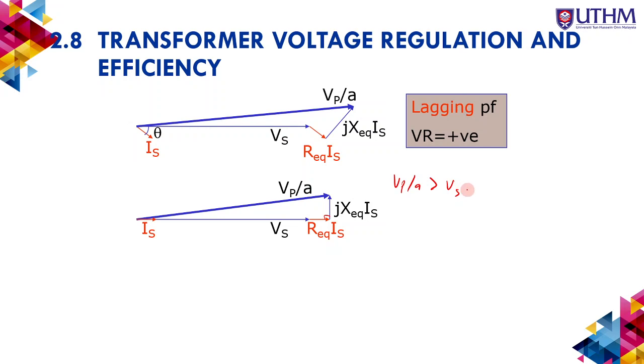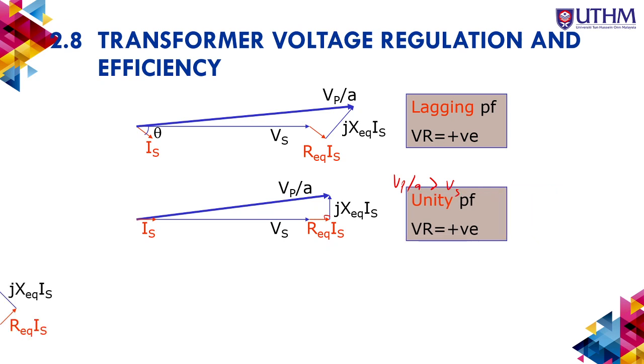We can know already the voltage regulation is positive. When Vpa over A is more than Vs, the voltage regulation becomes positive.